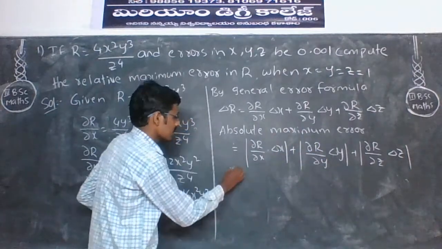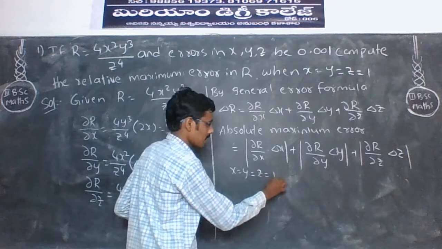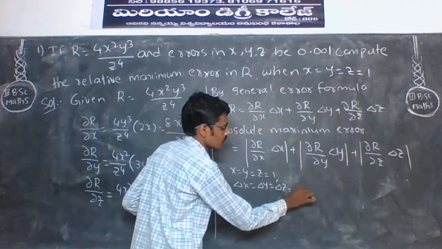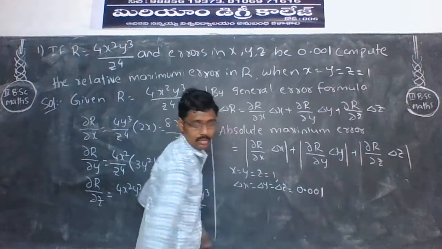x is equal to y is equal to z is equal to 1, and errors delta x, delta y, delta z are equal to 0.001.